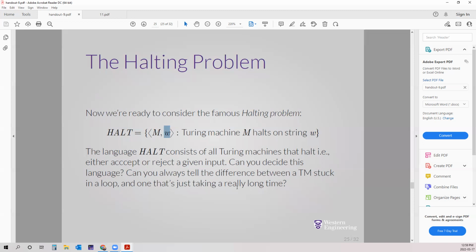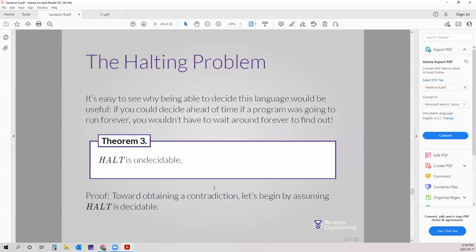So this is a big problem for people who work in computation. It is easy to see that being able to decide this language would be useful. If you could decide ahead of time if a program was going to run forever, which means going in a loop, you wouldn't have to wait around forever to find out. So HALT also is undecidable.